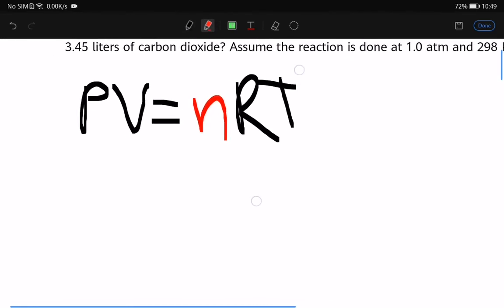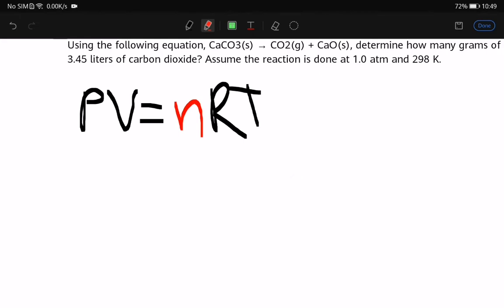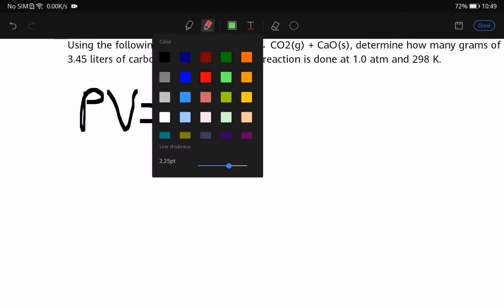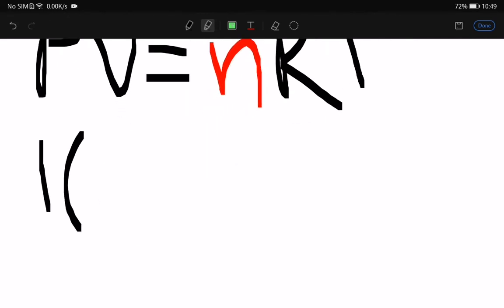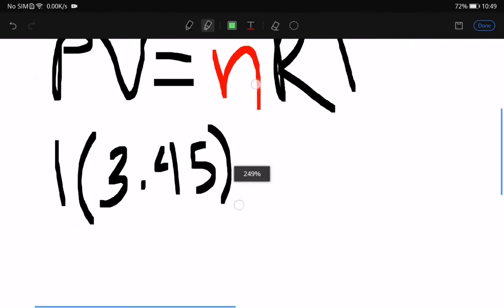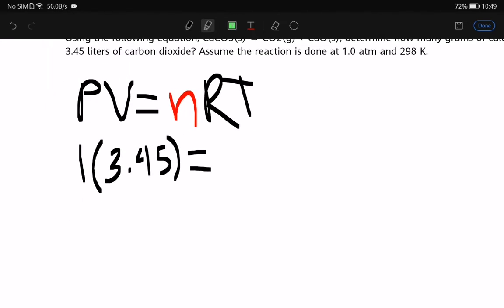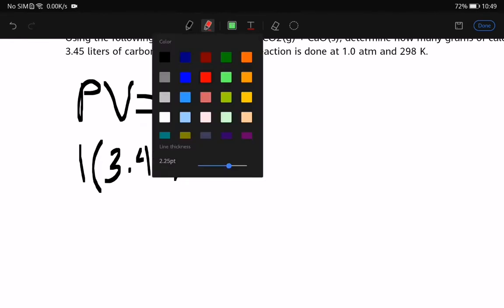So our pressure is 1 atm. Let's put that 1 atm. And our volume is 3.45. Equal yan sa N times your gas constant.